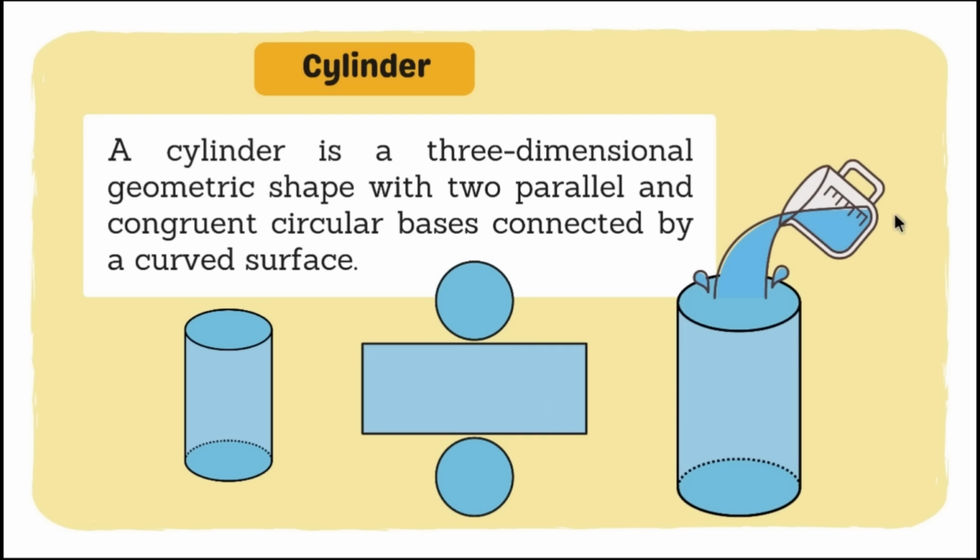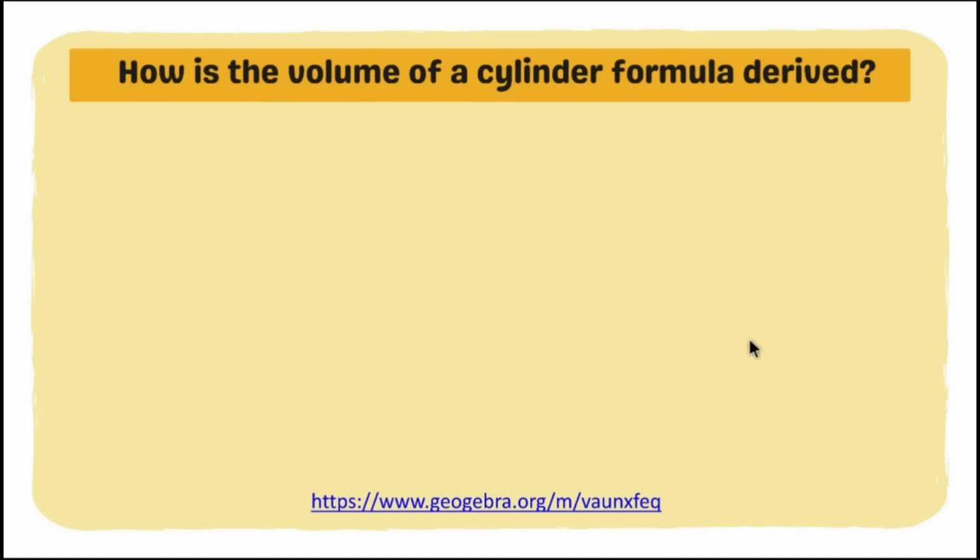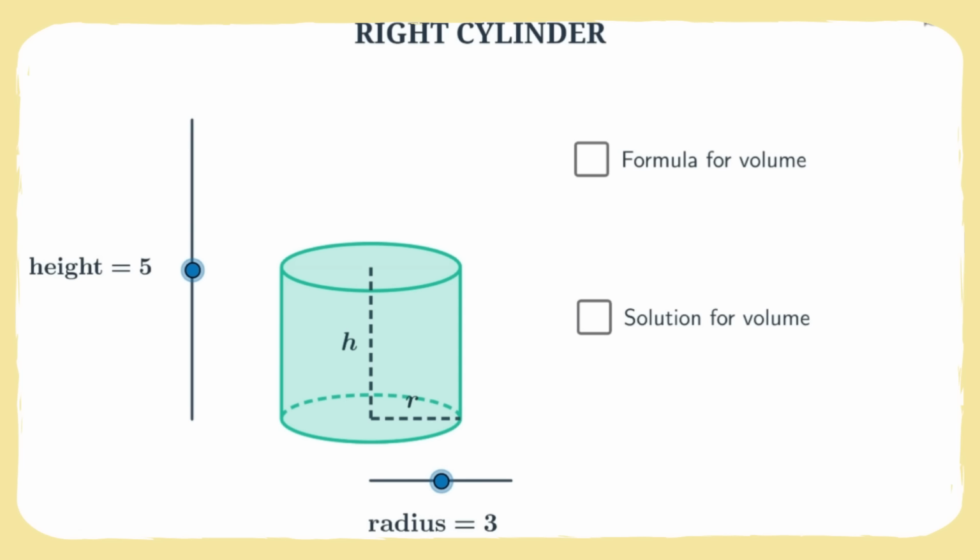Now, if we're going to fill the cylinder with water, that is now what we call the volume. Okay, so now we are going to derive kung paano makuha yung formula ng cylinder. Okay, to explain this, I'm going to use a GeoGebra tool para ma-derive natin yung formula ng right cylinder.